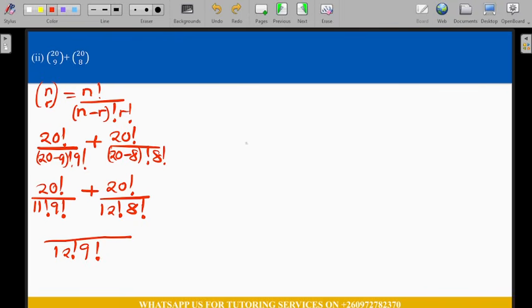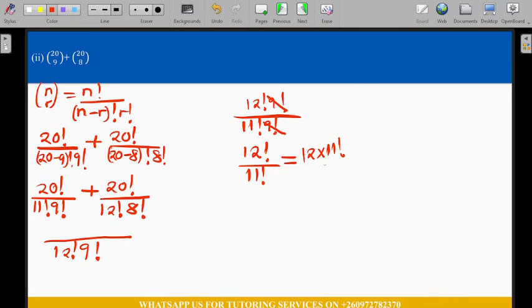So we move and say now the same denominator, 12 factorial 9 factorial, we divide it by this. So we have 11 factorial here, 9 factorial. So 9 factorial and 9 factorial cancel. Then we have 12 factorial over 11 factorial. So we reduce this: it will be 12 times 11 factorial over 11 factorial.